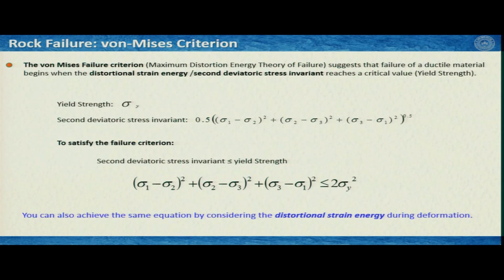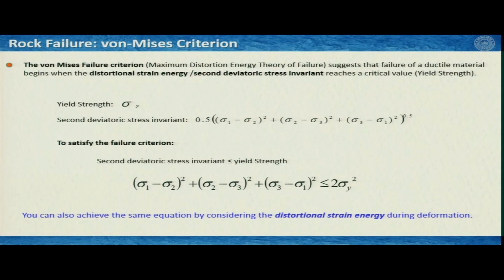Now, the von Mises failure criterion is something that really does not deal with fracturing of rocks, but it is one of the important criteria to understand the failure of rocks, or in other words the ductile failure or plastic failure of rocks. We have learnt about it, so I am not going to spend more time on this, but generally the von Mises failure criterion, or you can call it the maximum distortion energy theory of failure, suggests that failure of a ductile material begins when distortional strain energy or the second deviatoric stress invariant reaches a critical value, the yield strength.